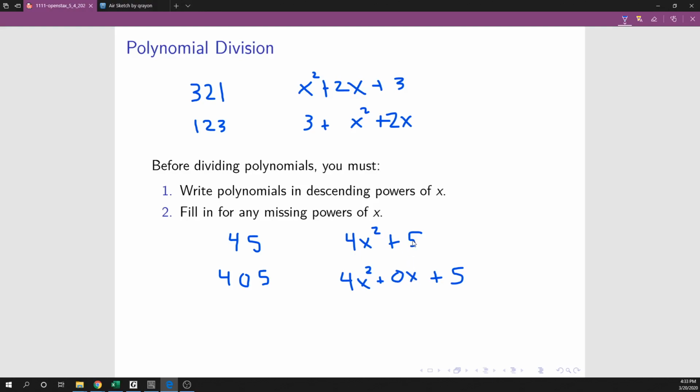This one's just written in a simpler form than this one. So whether you write that 0 there or not for polynomials doesn't really matter. It really matters for integer division. And so again, since we are using the steps for regular integer division, we've got to go ahead and fill in for any missing powers of x in there. So you've got to always check that first.